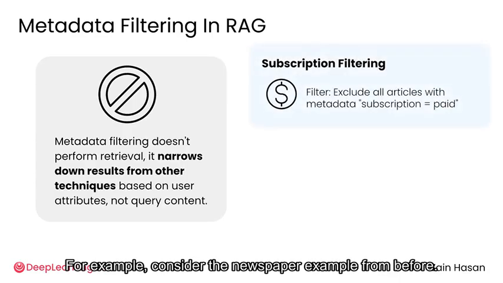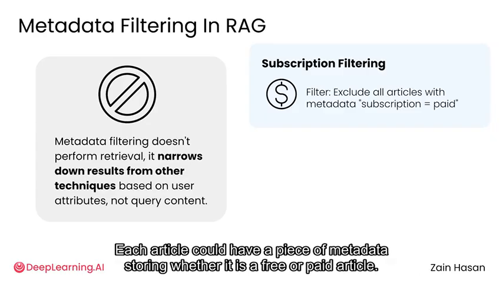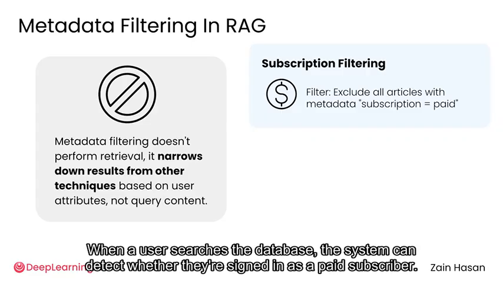For example, consider the newspaper example from before. Say some of your articles are published freely to the open internet, and others can only be accessed by paid subscribers. Each article could have a piece of metadata storing whether it is a free or paid article. When a user searches the database, the system can detect whether they're signed in as a paid subscriber.